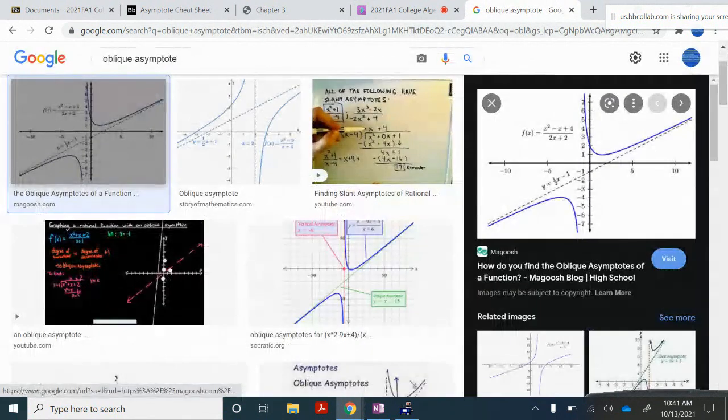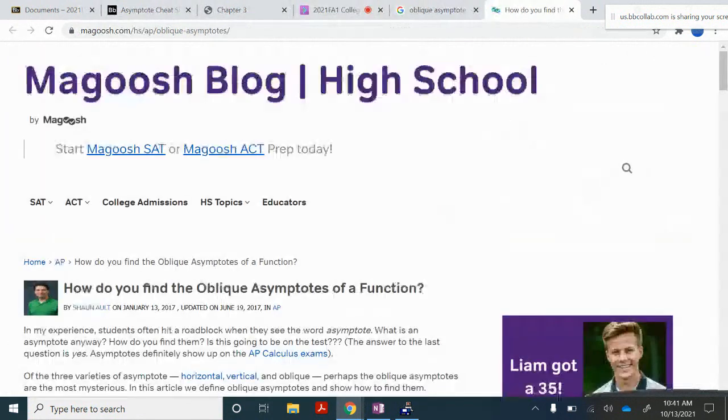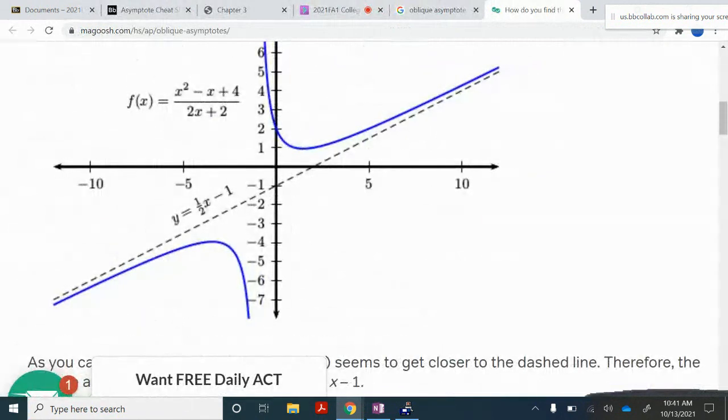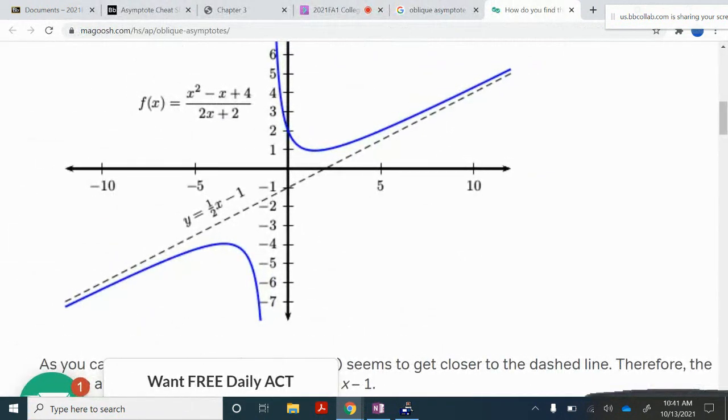Okay, and this would be an example of an oblique asymptote. Notice for this graph, it looks like it has a vertical asymptote and an oblique asymptote. But more importantly, the oblique or slant asymptote is that slanted line. Notice how this graph comes close to the slanted line, but never actually touches it.